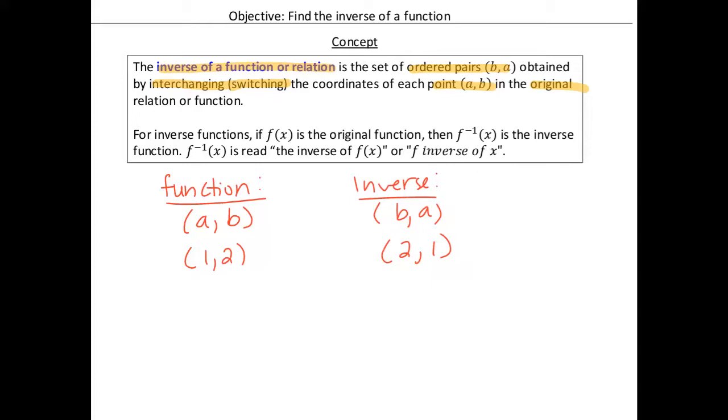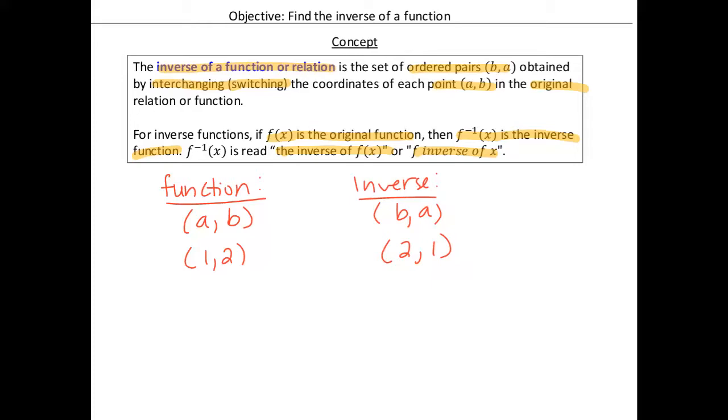All right, so for inverse function, we say f of x is the original. Then this f inverse of x is the inverse function. And then the f to the -1 of x, we read it as the inverse of f of x, or f inverse of x. I kind of just switch between those two on and off. It doesn't really matter. Just know that we don't say f to the -1 of x.